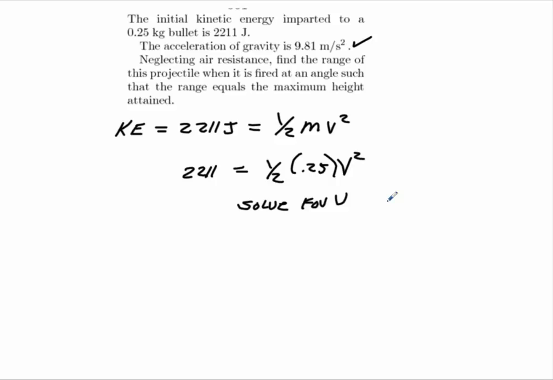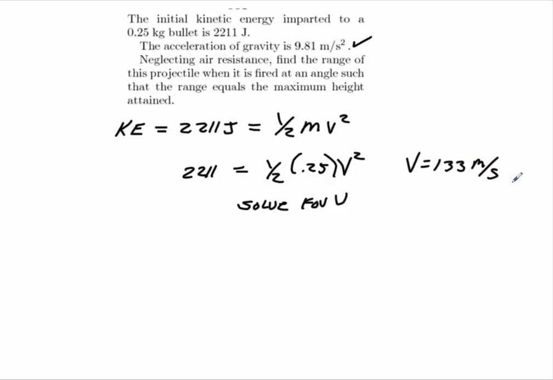Grab the calculator: 2211 times 2, divide by 0.25, take the square root of that. That gives us basically 133. So v is equal to 133 meters per second.